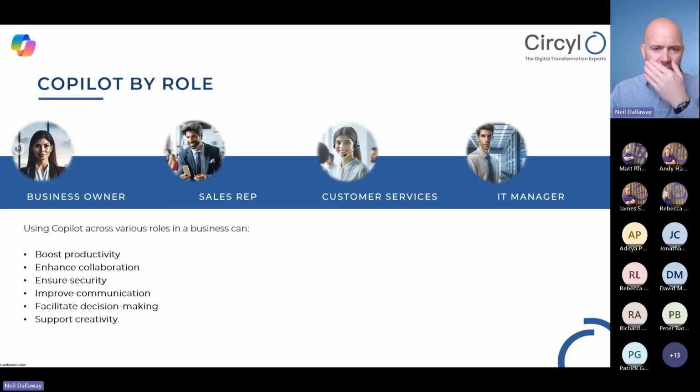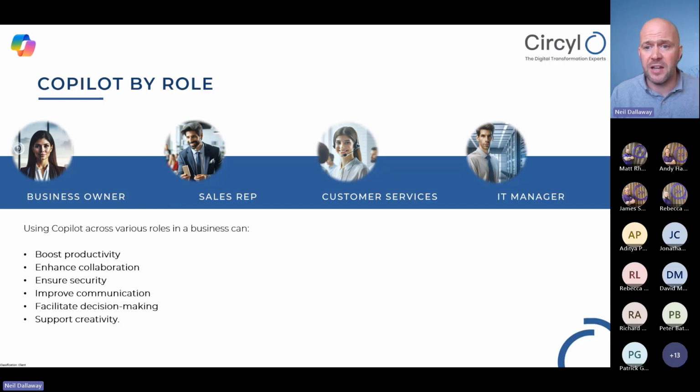So to bring that to life a little bit, how would you use it in the real world? So generally across a team, it's going to boost productivity because it automates those repetitive tasks. It's going to enhance collaboration because it can streamline the workflows. You can ensure security, which we'll talk about later on.